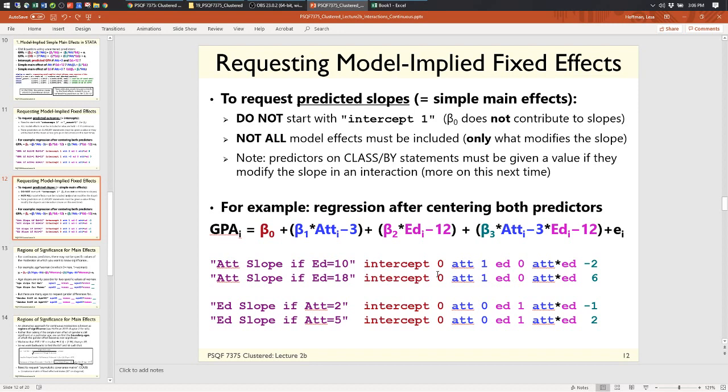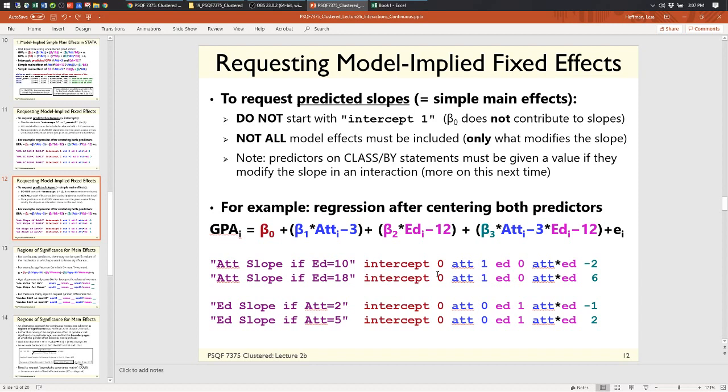So if you wanted to know what beta 1 would be if education is 12, it's just beta 1. That line would just have attitude 1 and nothing else because it would zero out. So that's the one that's given to you by default. But there's a million other ones implied by the model that you could ask for if you had a specific reason to care about those levels of education. And this is where your previous training in terms of interaction terms is relevant.